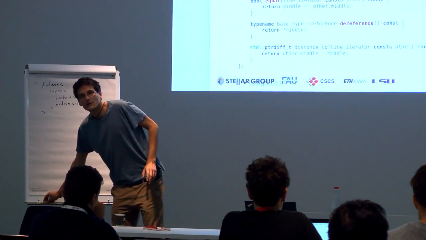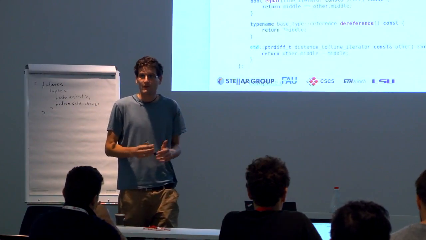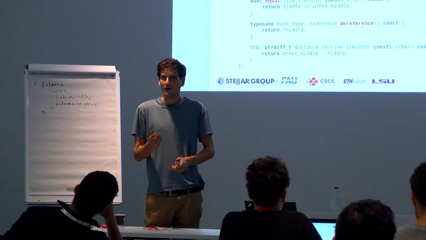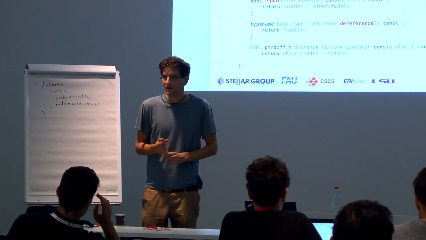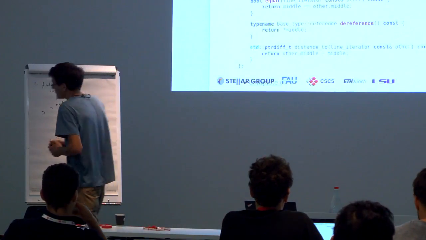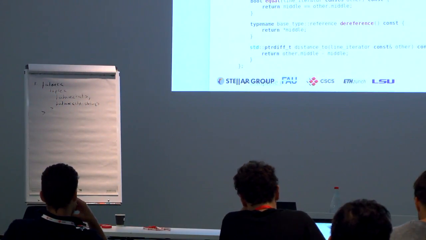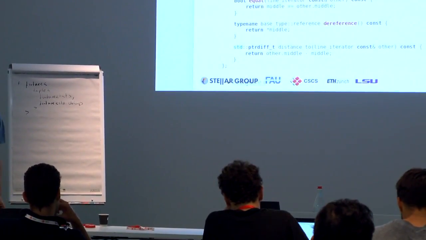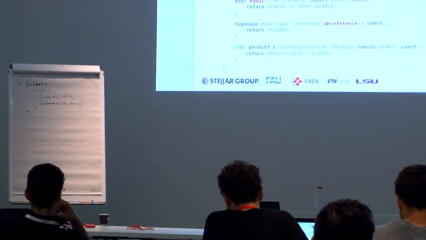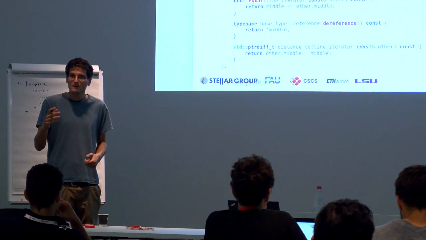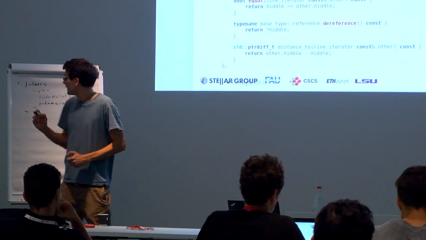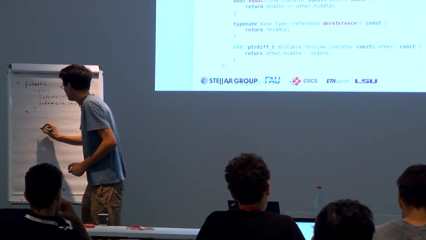As I said, the iterator facade provides you with all the boilerplate code for the standard iterator interface, right? So, for example, the iterator facade would have something like the operator star, so you can dereference the iterator.